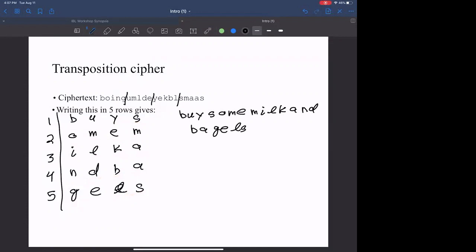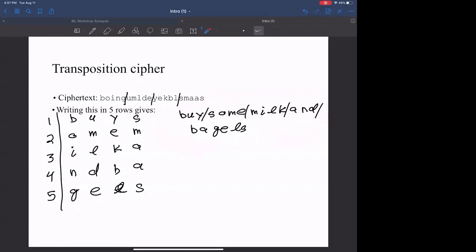That's it out. All right, so now it's still a bunch of letters, but remember, this does make sense. So you need to insert the spaces and figure out where the words are. And that's a bit of a game that you have to play. So: buy some milk and bagels.